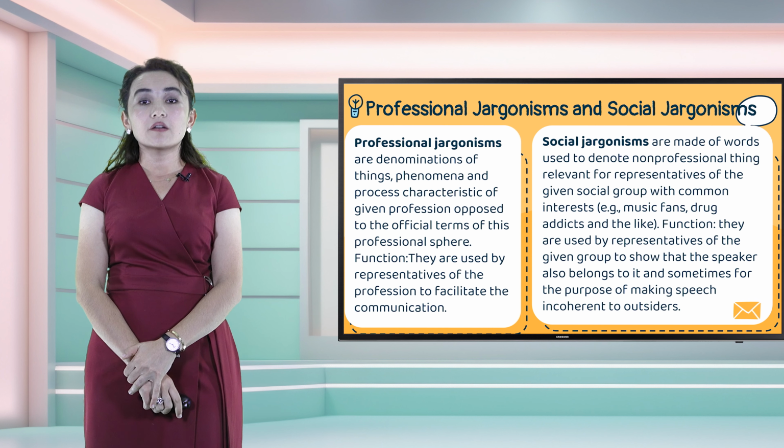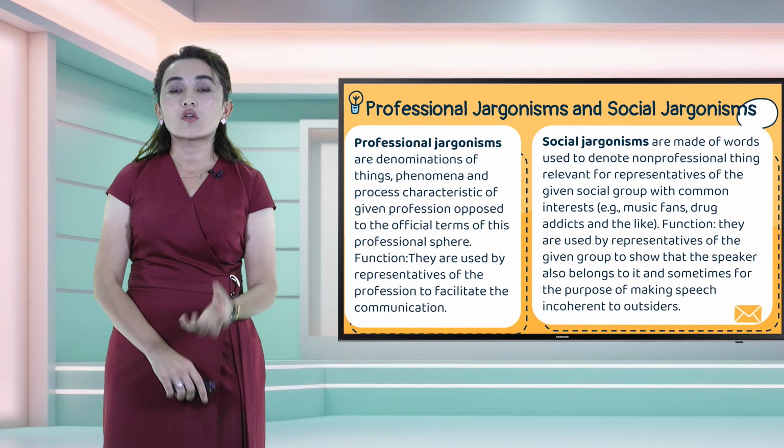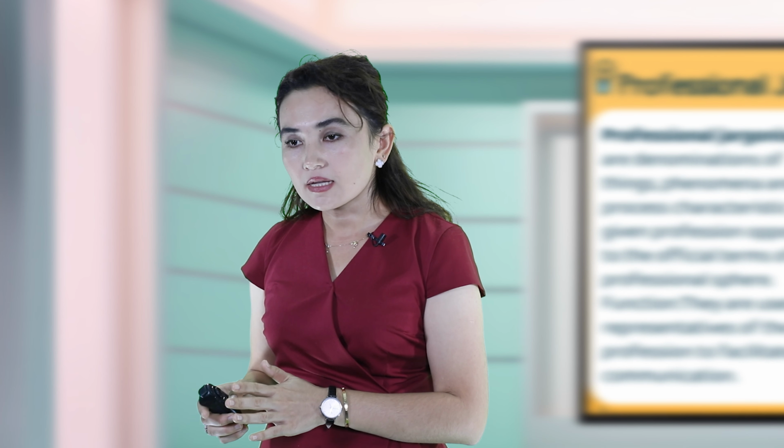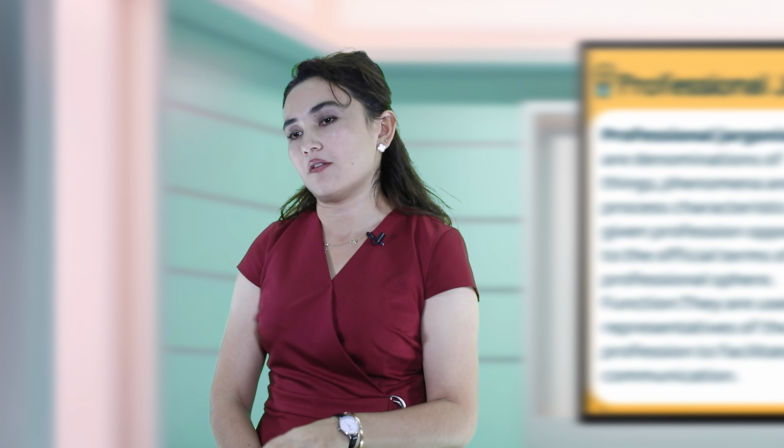Now, professional jargonisms and social jargonisms we'll speak about. Professional jargonisms are denominations of things, phenomena, and processes characteristic of a given profession, as opposed to the official terms of this professional sphere.